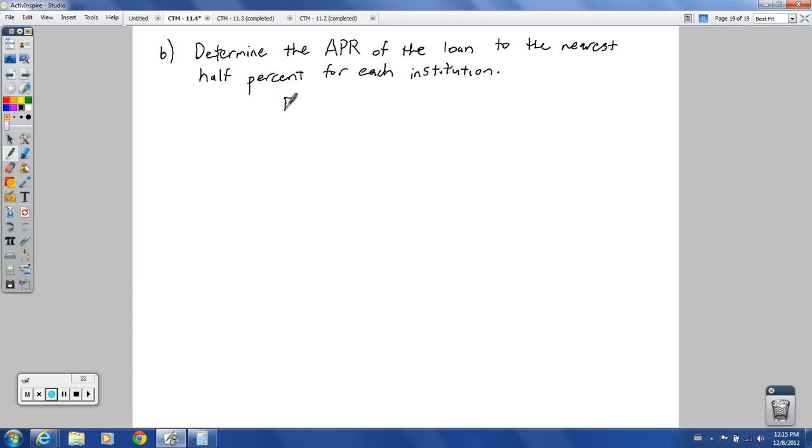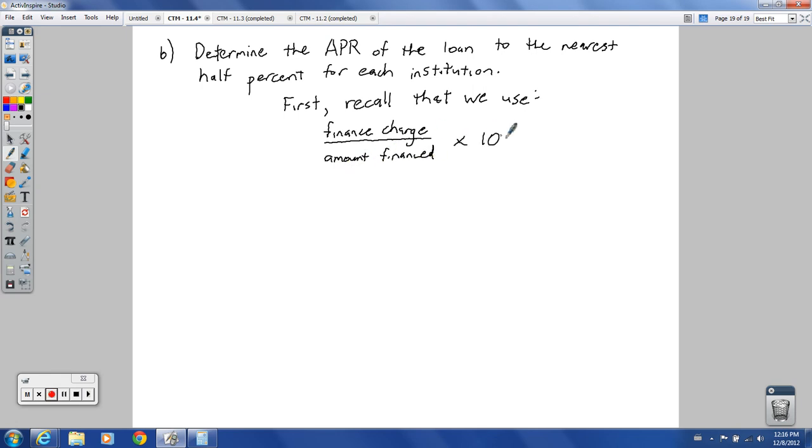Okay, so now let's start working through this. First, recall that when we're figuring out APR, with the situation we have here, we use the finance charge over the amount financed times 100.